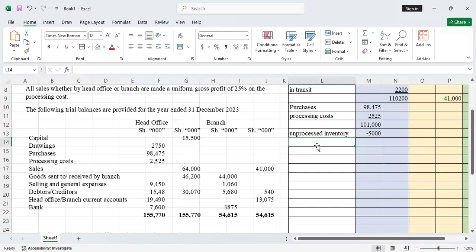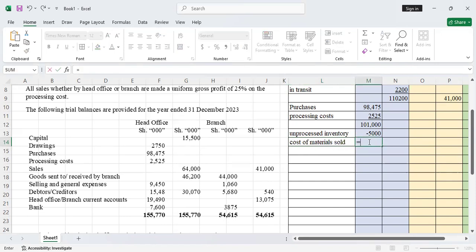So, costs of materials sold will be this one here. That 101 plus, less the closing inventory, and the cost of materials sold is here. Okay, you see that?